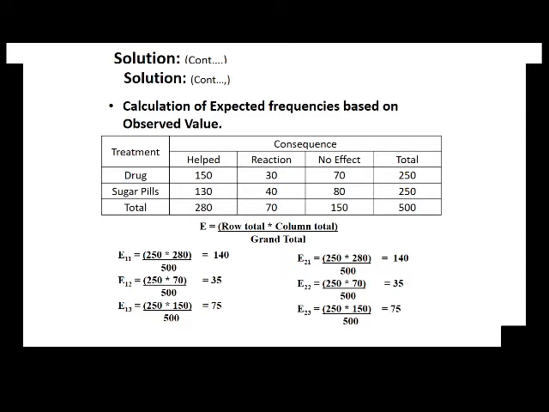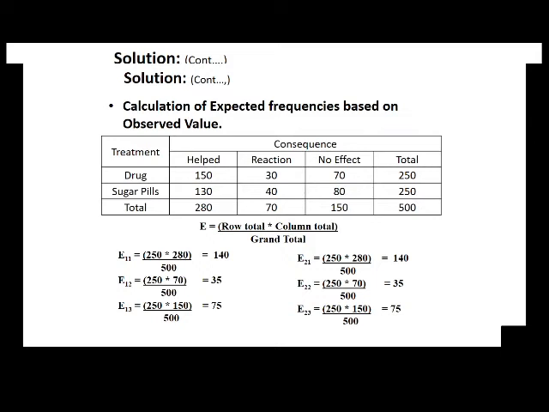In the same way, for the second row, sugar pills, E21 is 250 into 280 divided by 500, E22 is 250 into 70 divided by 500, and E23 is 250 into 150 divided by 500.